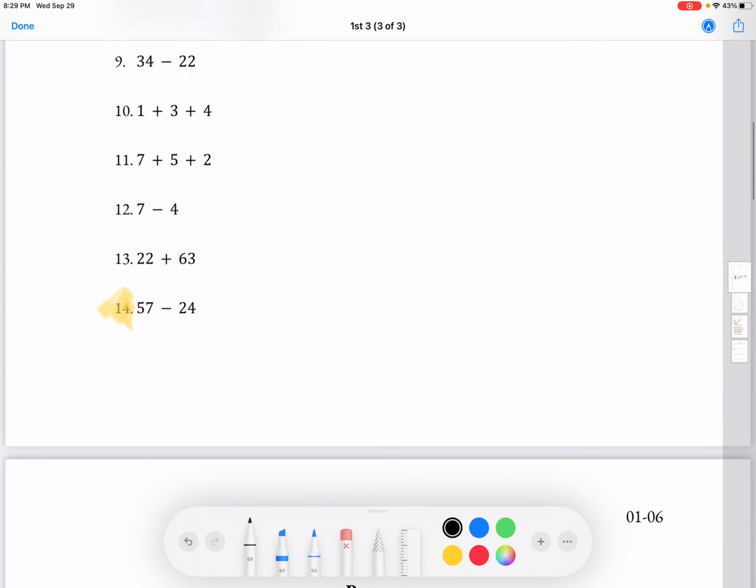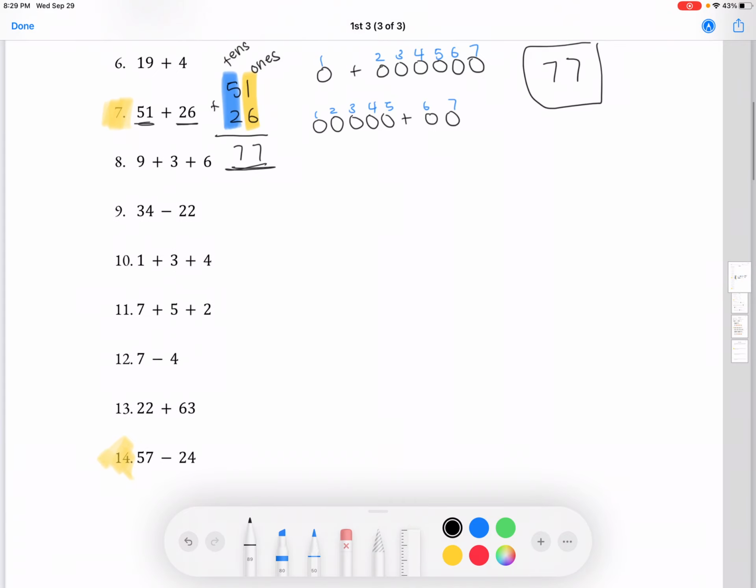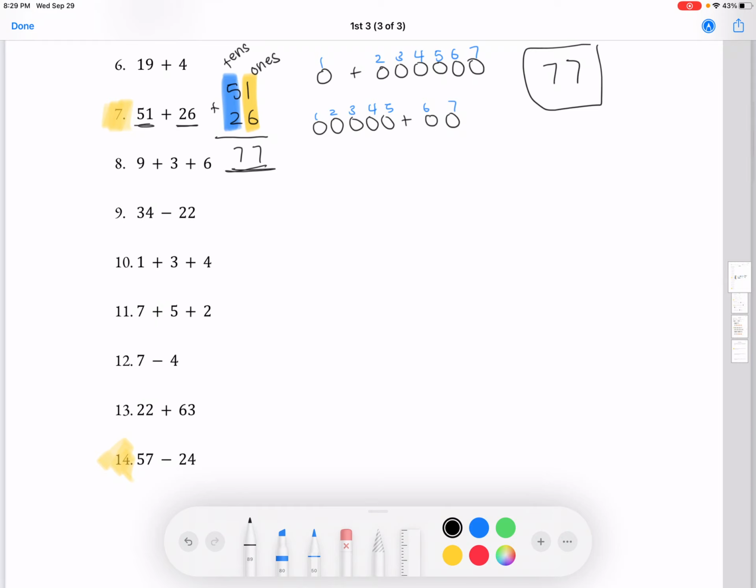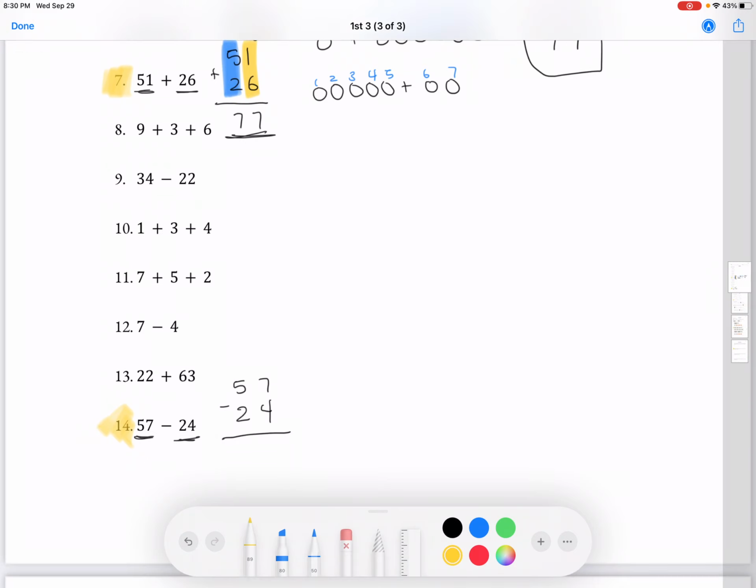Moving on to number 14. Number 14 is similar to number 7, just it's subtraction rather than addition. So we have 57 minus 24 equals. First step is the ones place.